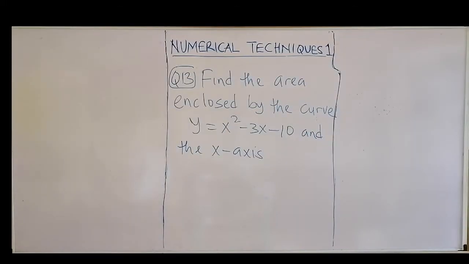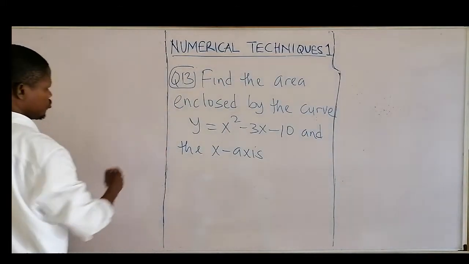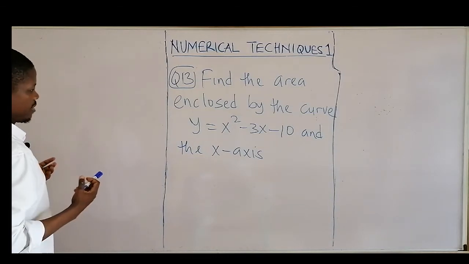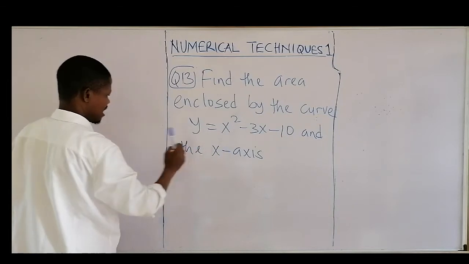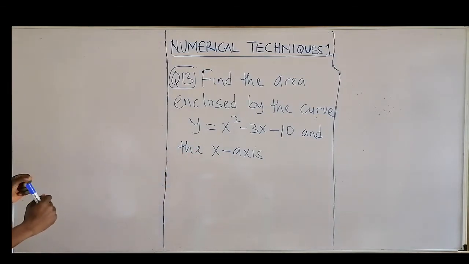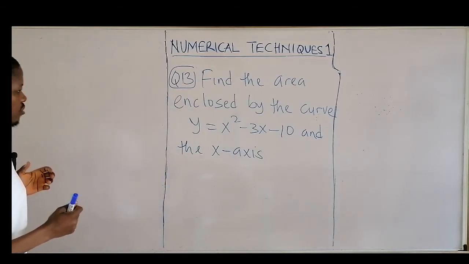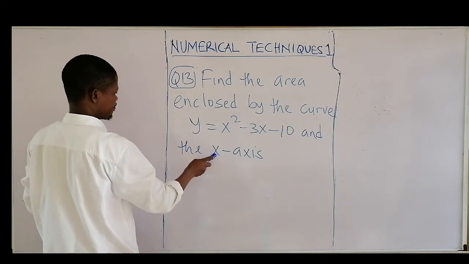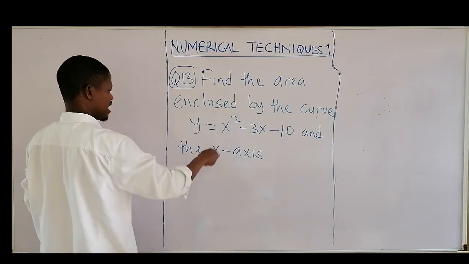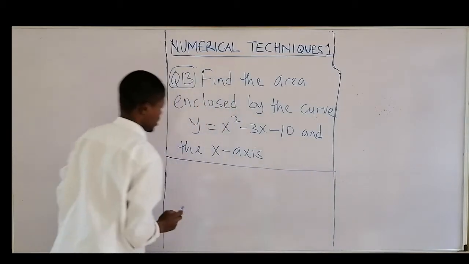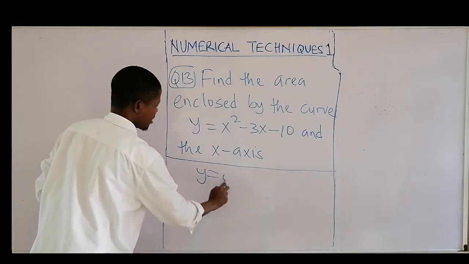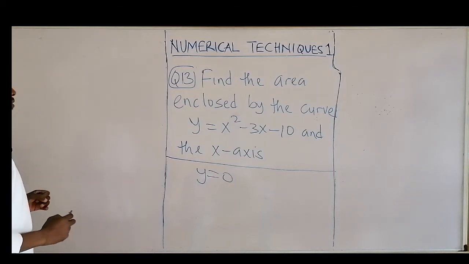Here, find the area enclosed by the curve, and we have the equation for the curve and the x-axis. Okay, so if the curve touches the x-axis, it implies that y is 0. That's the first observation.